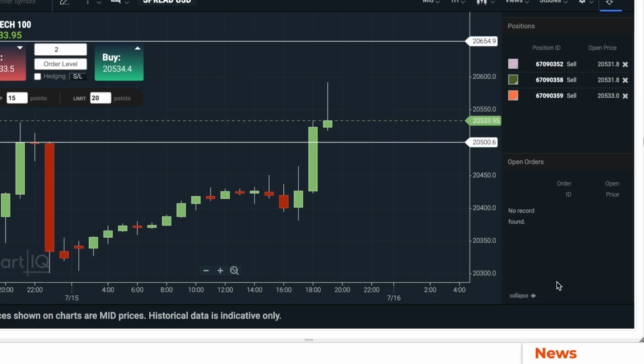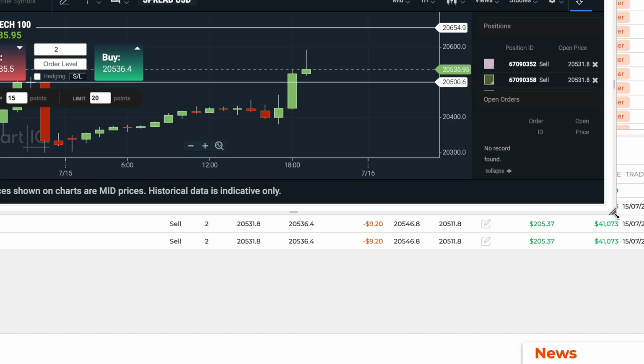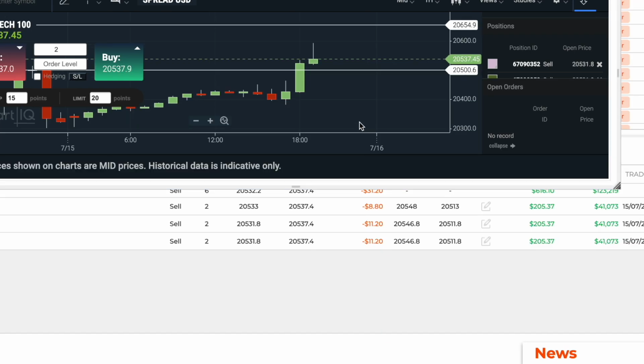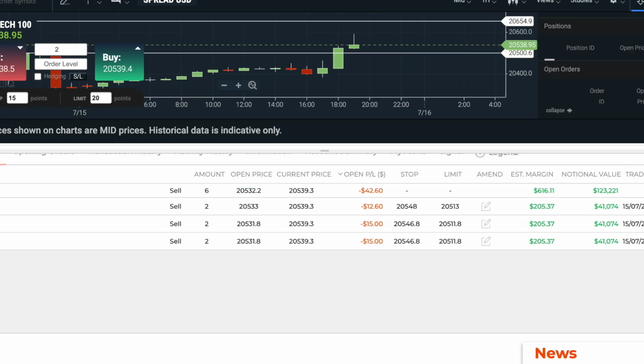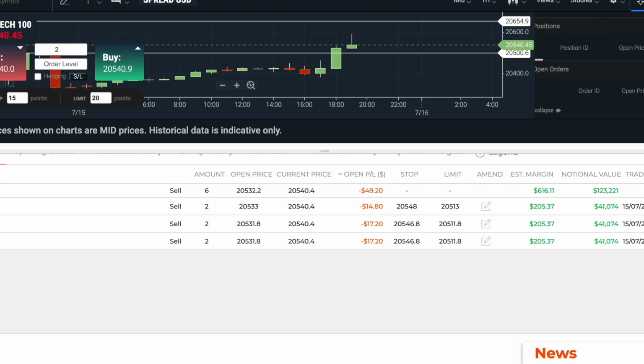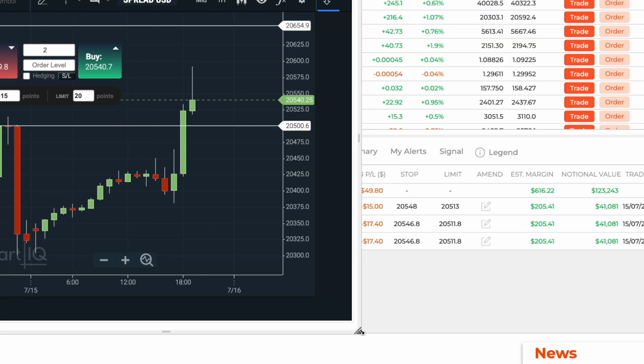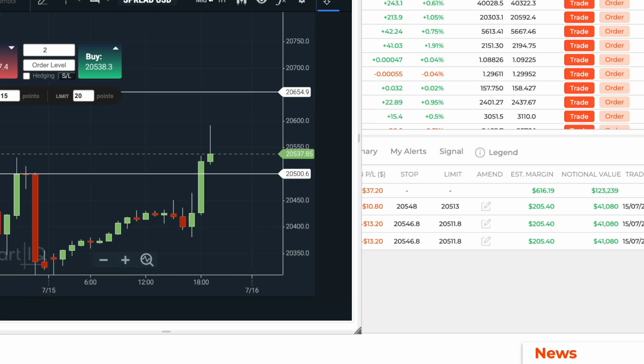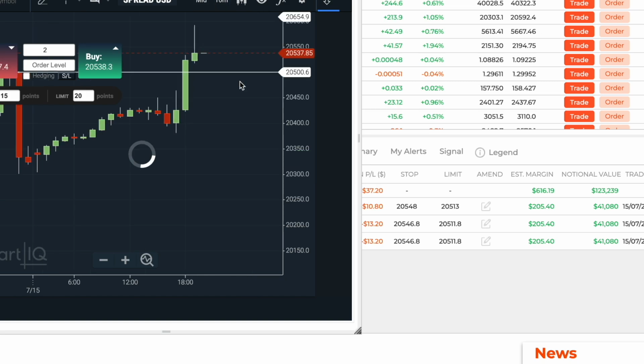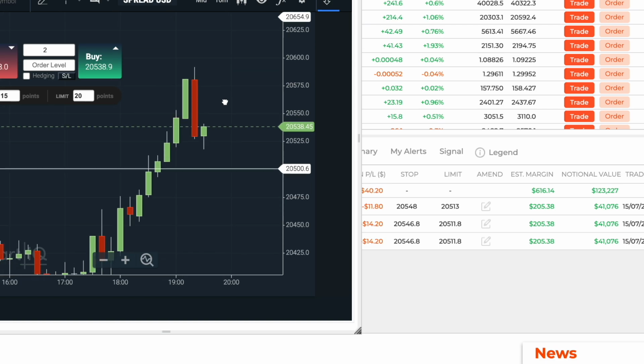Okay, so you're going to see this candle turn red briefly, and then it will push back up. Here's my account size, or my estimated margin, and my position. You notice how it moves really fast. So this is going to be one of those quick scalps.